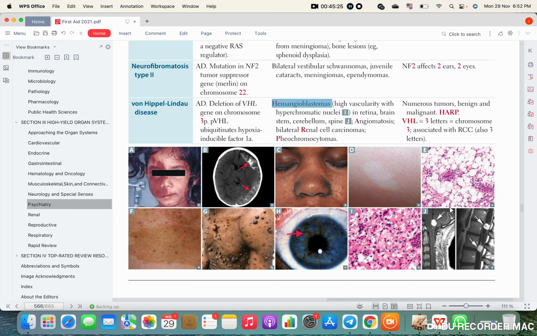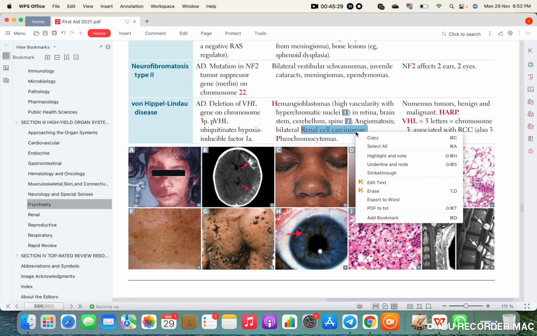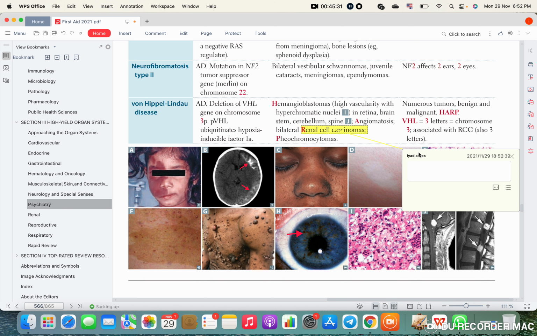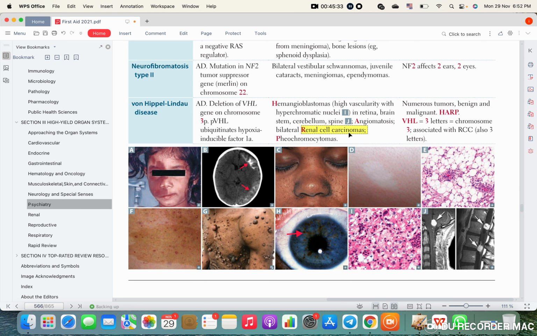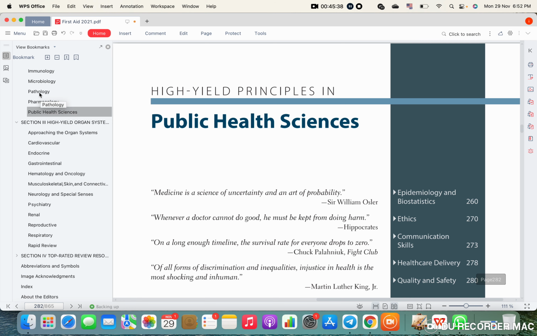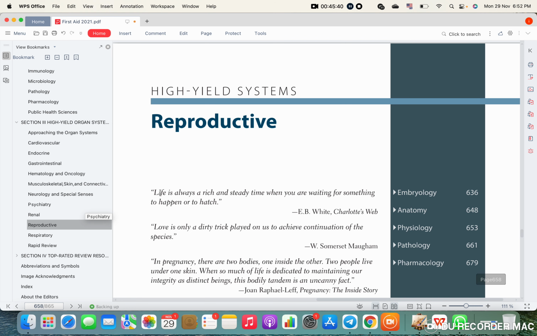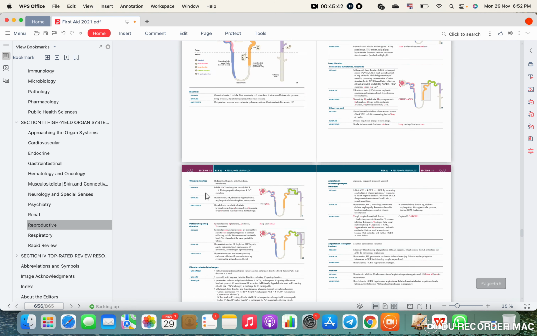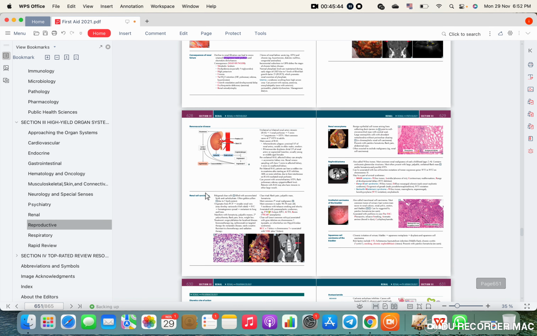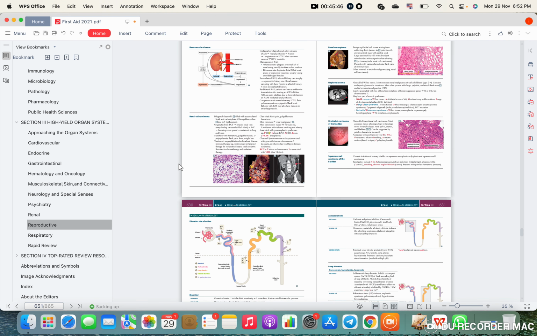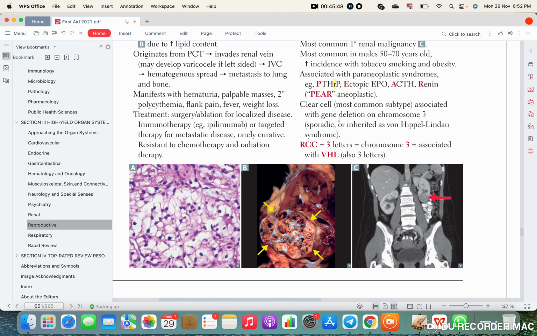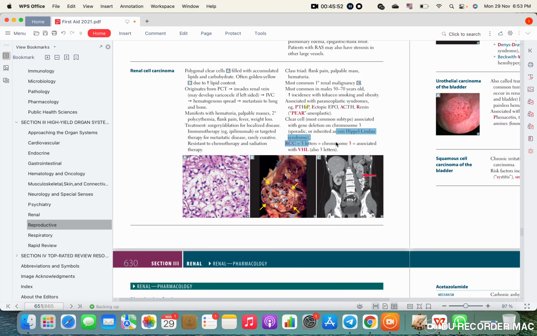They also have angiomas, and they also have, here it is, our friend, renal cell carcinoma. We'll go back to renal cell carcinoma when we speak about this pathology. Lastly, pheochromocytoma. So let's go back to our renal. Okay, so yes, it could be associated with von Hippel-Lindau syndrome.